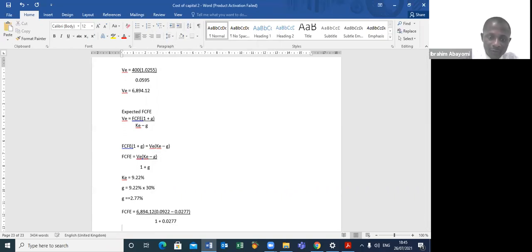So free cash flow to equity will be equal to 6,894.12 into bracket.